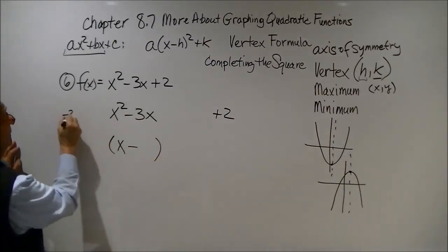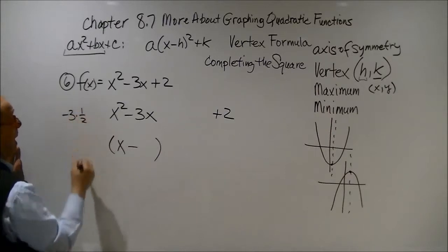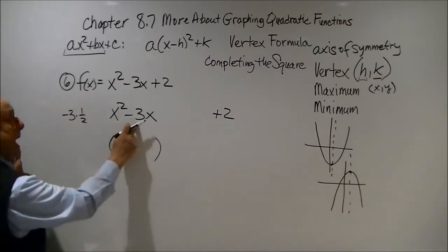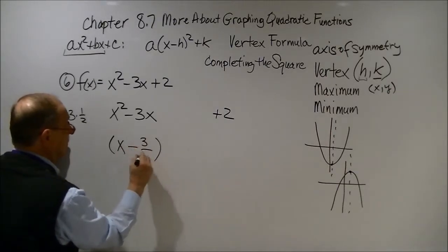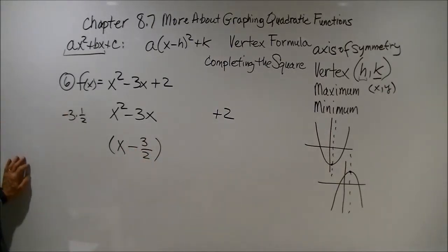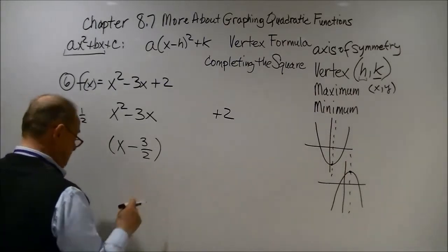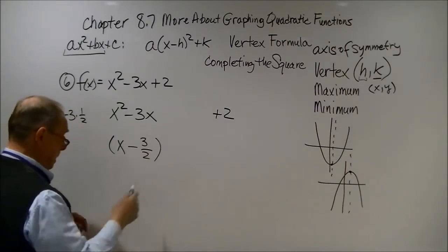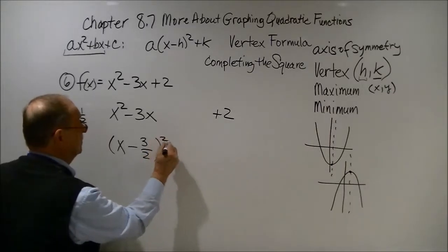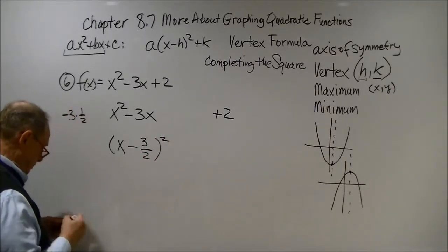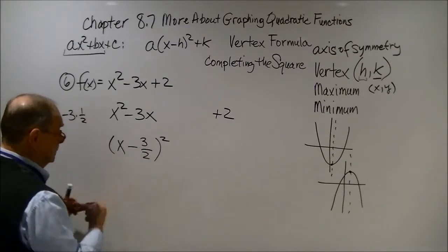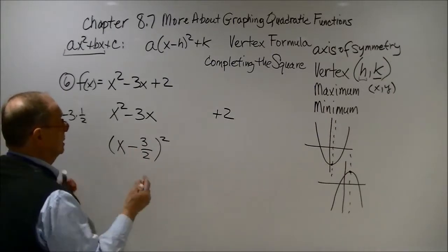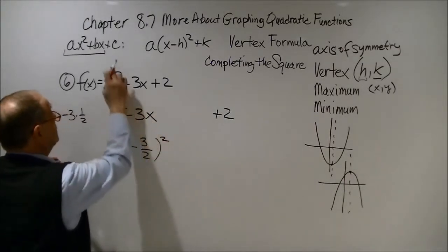So a negative 3 times 1/2 of b gives me a negative 3/2. And this is going to be squared. I'm going to take my negative 3/2 and square it to get my C term.